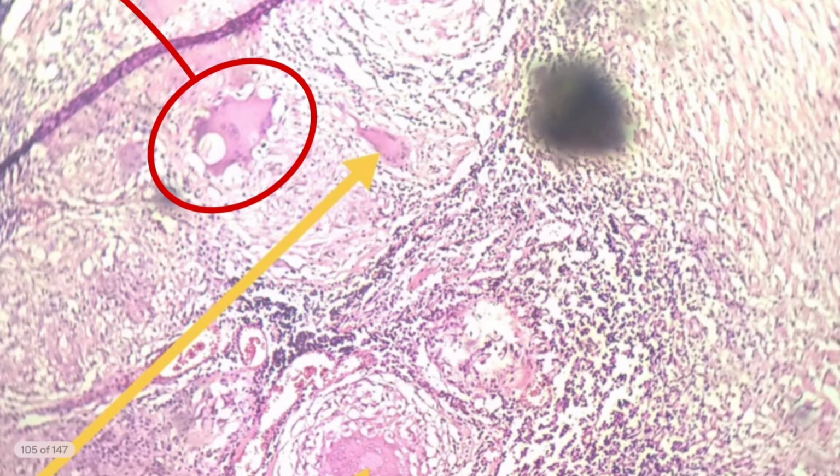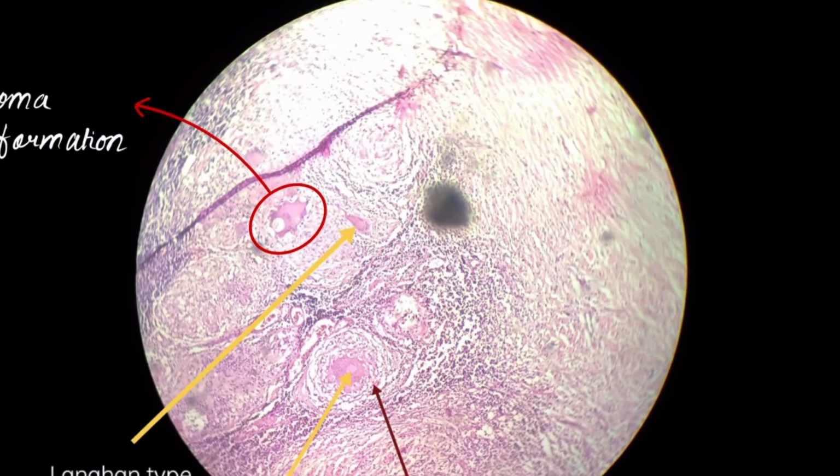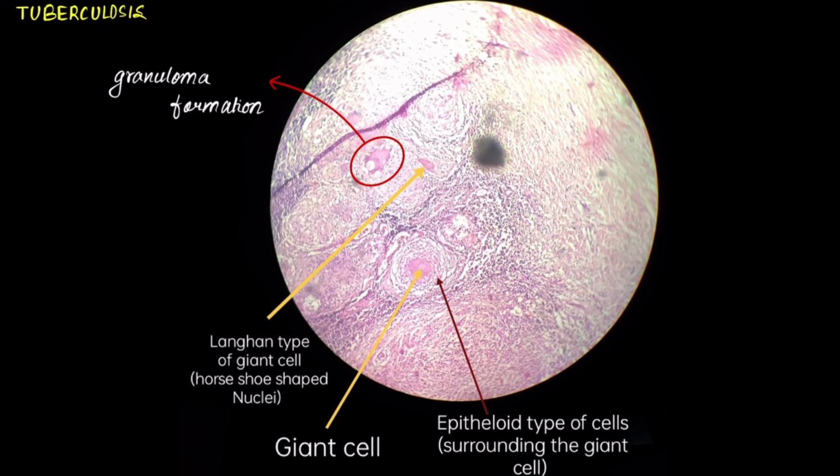You can also find the Langhans type of giant cell, which has a horseshoe shaped nucleus. So there's your granuloma formation, where centrally present giant cells are surrounded by epithelioid cells.